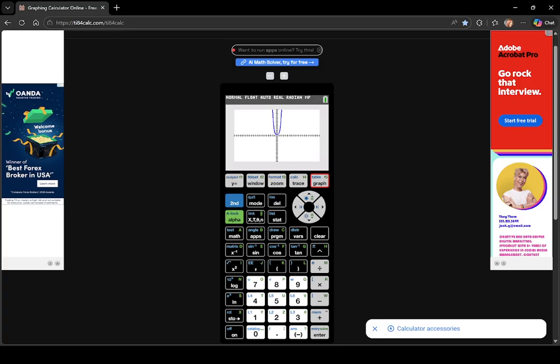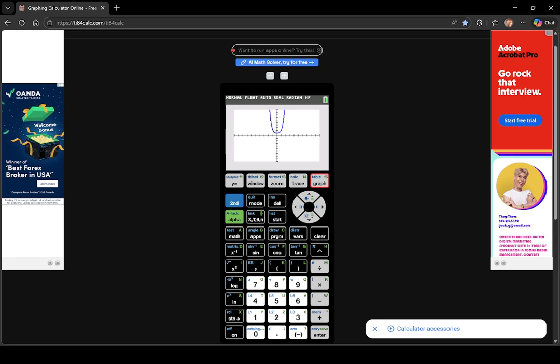So when we look at the graph, and notice we're kind of zoomed out, so let's fix our window, negative 10 to 10, negative 10 to 10. We look at the graph. Now, this is the full graph. There's not a great way to restrict the domain on your actual calculator.